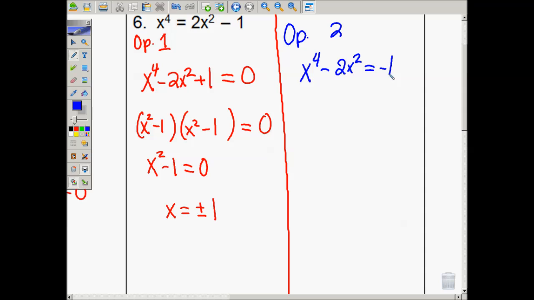And between these two, what's their GCF? So I would have had x squared times, okay, now this is multiplication. So I have x squared equals negative 1, and then I have x squared minus 2 equals negative 1.